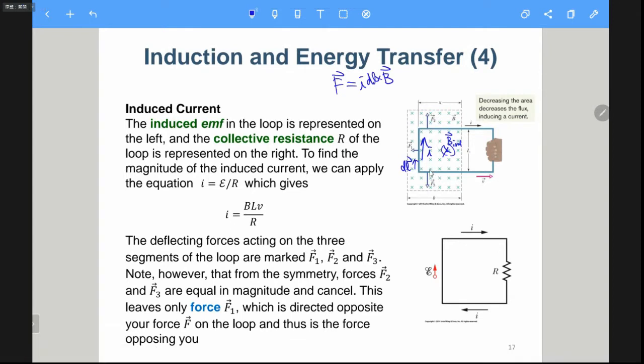So you use your right hand rule: dL cross B, then the F will point to the left side. So F1 points to the left side due to the Lorentz force.